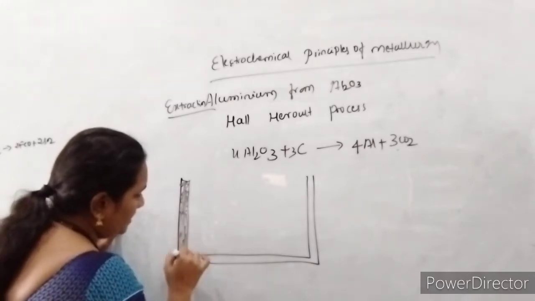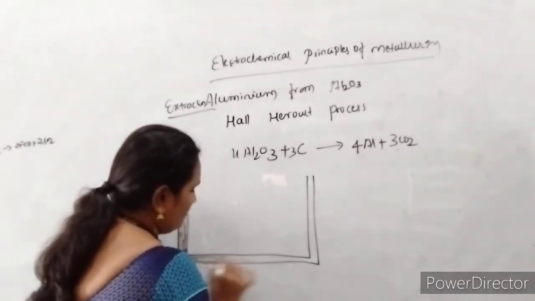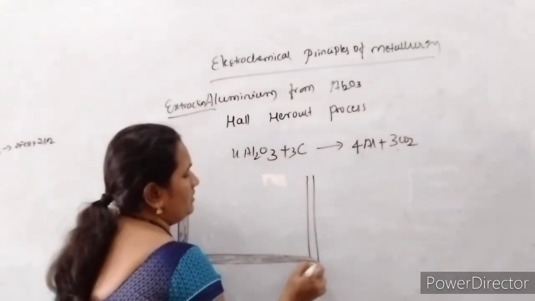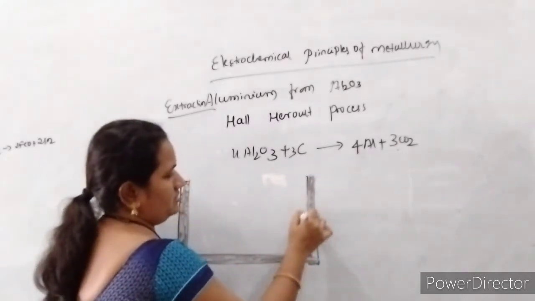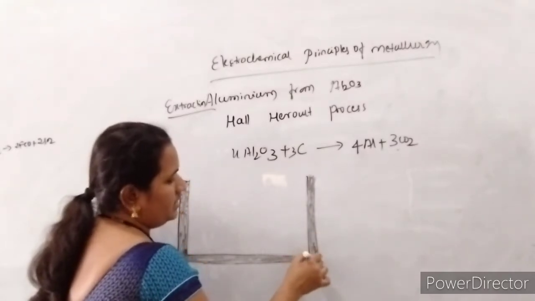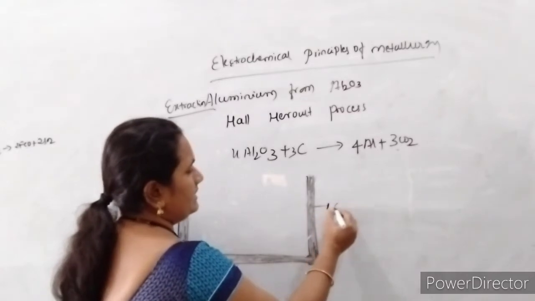This is the carbon, and here carbon is acting as a cathode. It is an electrolysis cell and electrolysis reaction, so we require one anode and another one, the cathode. Here carbon is acting as a cathode.